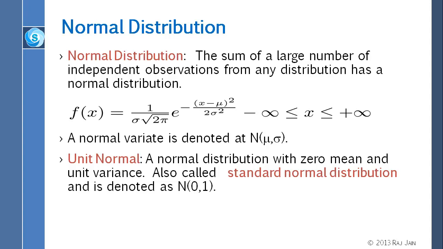This is also called the bell-shaped curve. The name normal simply means that this is what normally happens: you take any distribution, take a lot of numbers, add them up and take the mean, and therefore the mean is normally distributed. So the mean from any distribution is normally distributed.